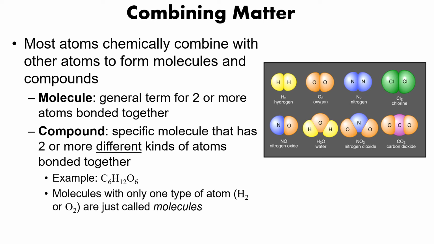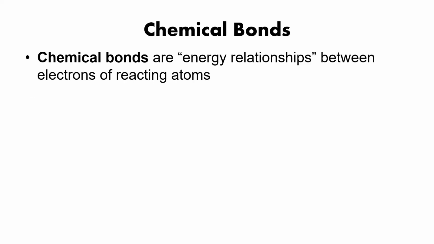Molecules that only have one type, so H2 or O2, are what we would consider a molecule. When atoms of different elements bind to each other, we consider these energy relationships because the electrons, which are the main players in all of these chemical bonds, are able to store energy in these relationships, these chemical bonds, and we'll talk about some important ones.